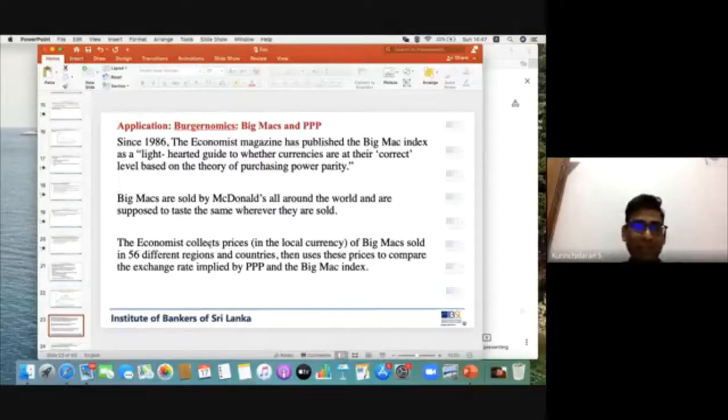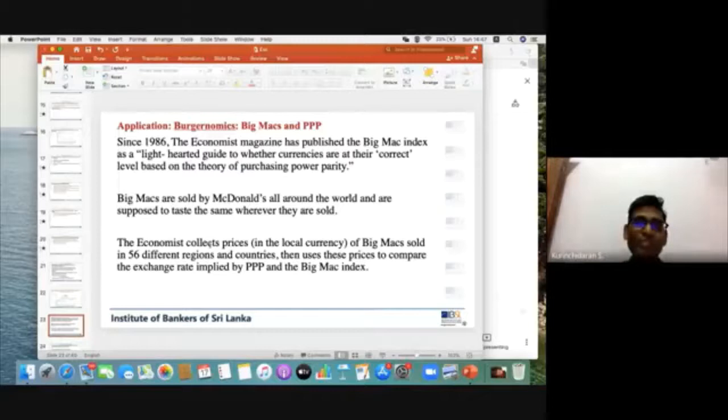It is a light-hearted guide to whether currencies are at their correct level based on the theory of purchasing power parity. We discussed what the law of one price is, and applying that, how we arrive at the exchange rate based on purchasing power parity.